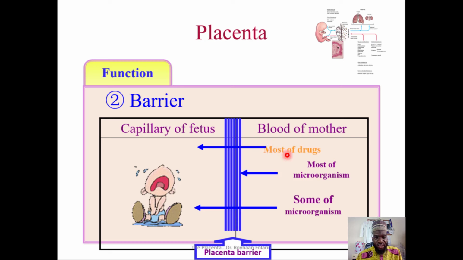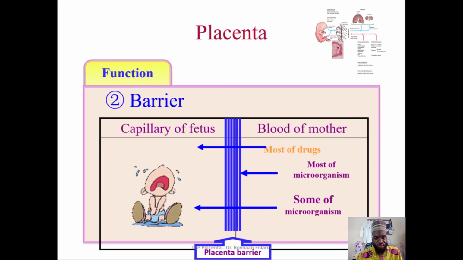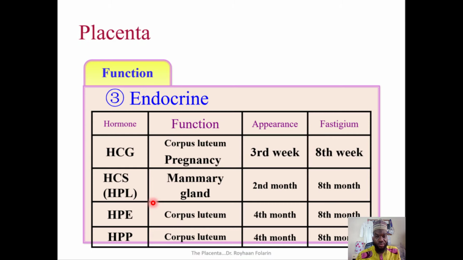A number of microorganisms, and so these are things that eventually serve as teratogen in some cases, and some of them can be of some level of help. So this way, the placenta is effectively able to serve as a barrier or as a selective barrier, watching what goes in and what comes out.